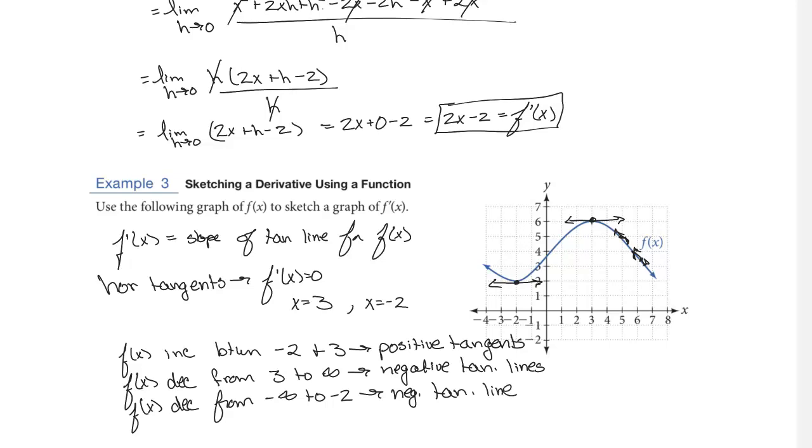So let's think about what this positive and negative tangent line means. That's going to be the output for this. What this means is if I get a negative tangent slope here and here, then that value of the derivative is going to be less than 0, which means the derivative is going to live below the x-axis.